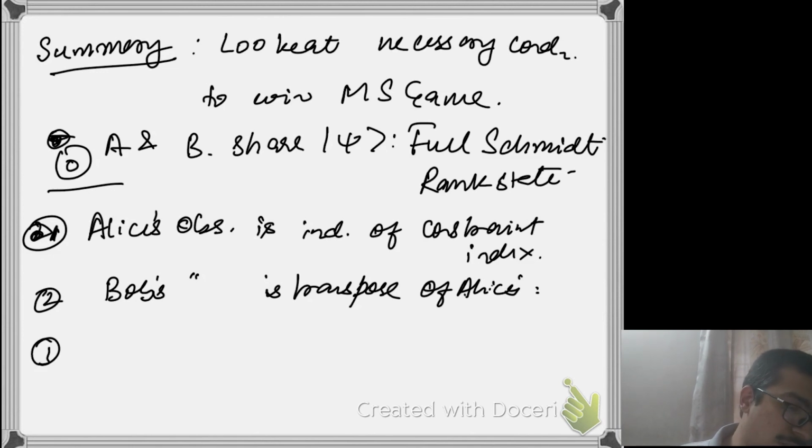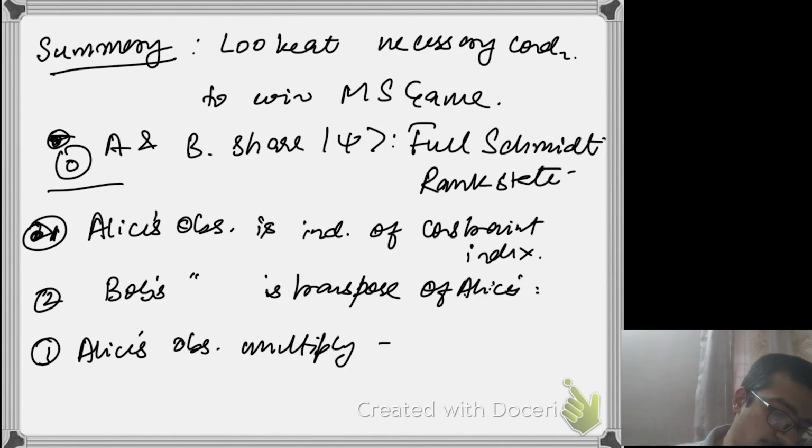Third condition, Alice's observables multiply to plus or minus identity depending on which constraint they lie in.